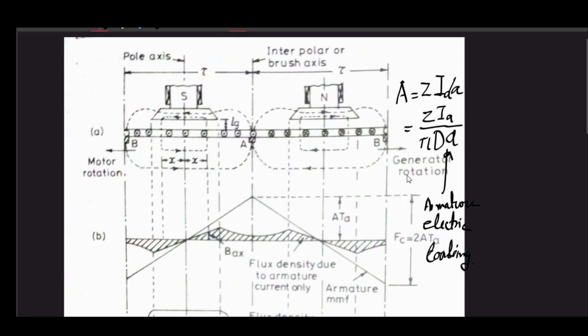So what you need to do, you just need to increase the cross section area. Like if you increase the cross section area, then you can have a higher value of IA by A. So in that way you can increase the armature electrical loading, right?